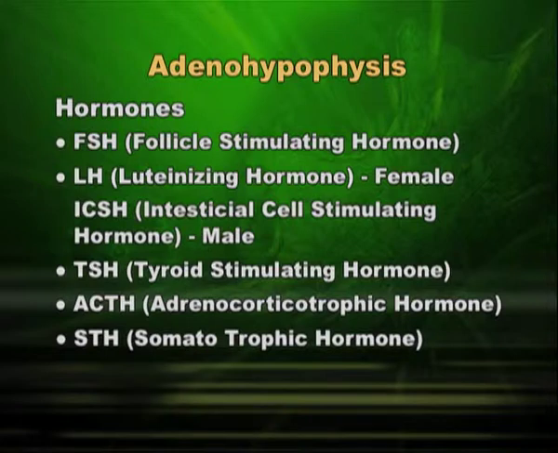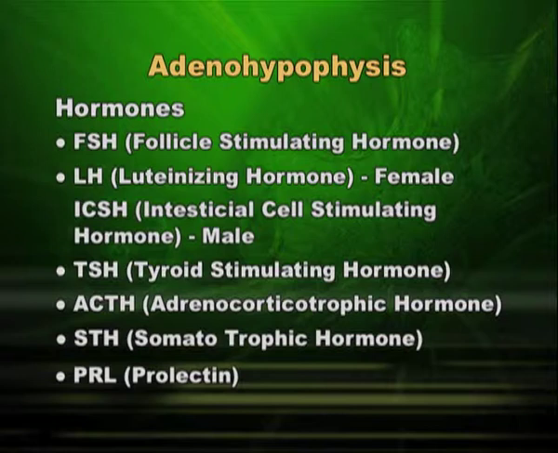This growth hormone also comes out from anterior pituitary. For these 5 hormones, FSH, LH or ICSH, TSH, ACTH and STH or growth hormone, we have releasing factors in the hypothalamus. Coming to the last one, prolactin.